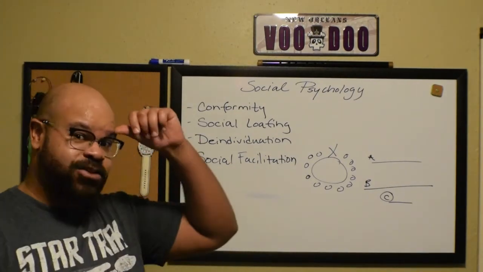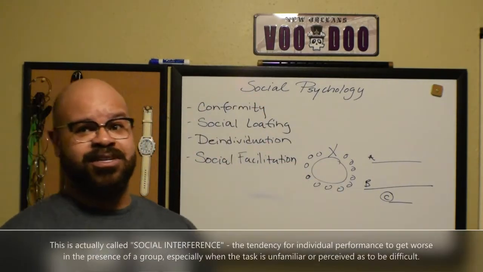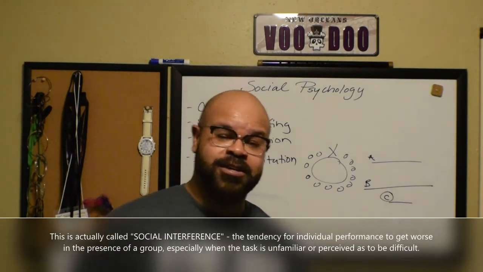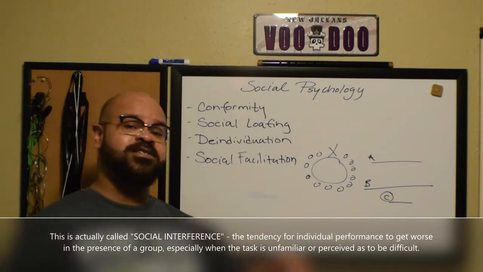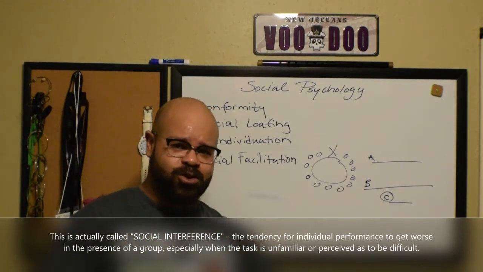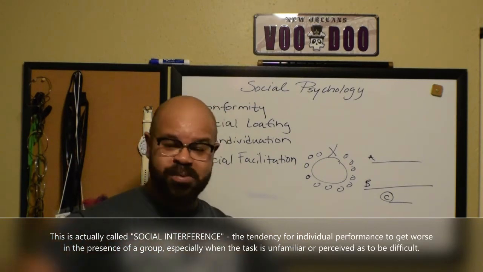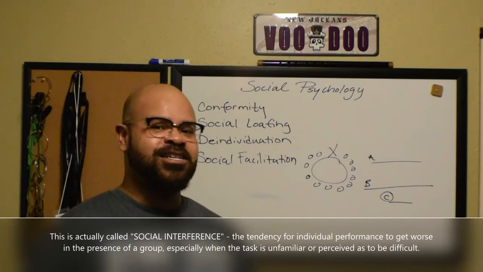However, if I ask you to do something that's difficult for you, or something that you have no experience with and you don't have much confidence in, well then in those cases you're much more likely to do worse. So social facilitation has this kind of fork in the road: if there's a group present, if people are watching you and this is something that you're good at, you're likely to do better.